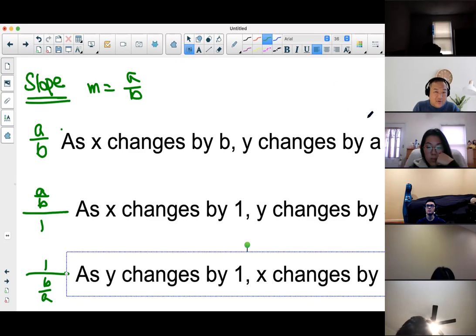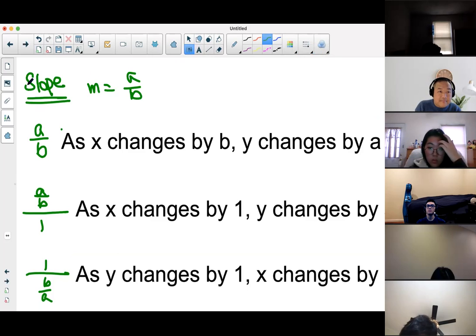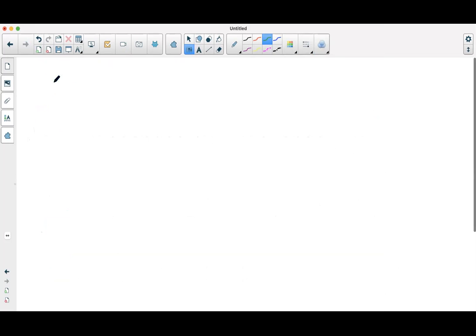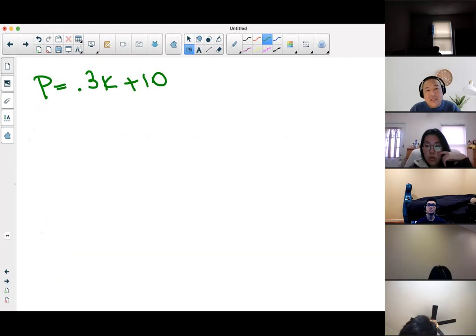If you guys got this one, I'm gonna give you the next. I'm gonna give you one question very soon. All righty, guys. So here it goes. So I'm gonna say, hey, P is equal to 0.3 K plus 10. I don't really care what kind of function this one is. I'm just telling you that there's a linear function, P in terms of K, written in this way.